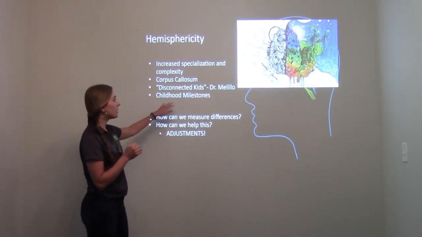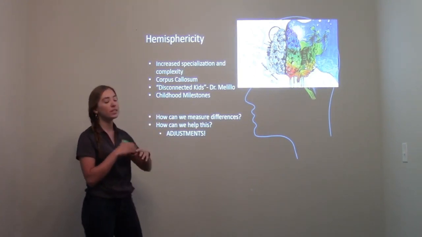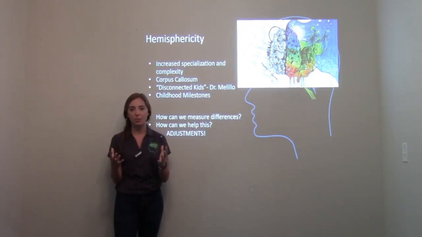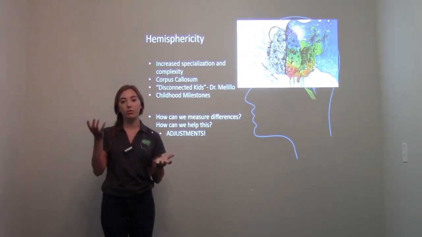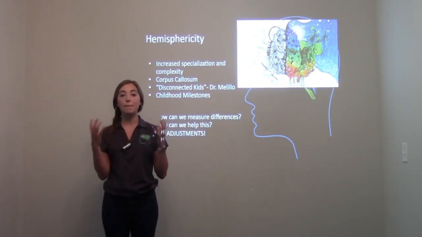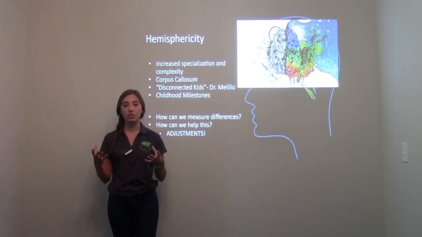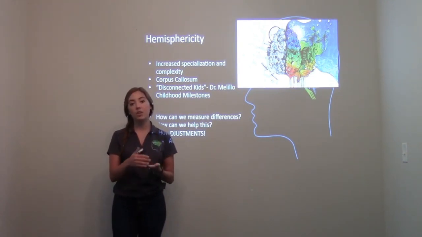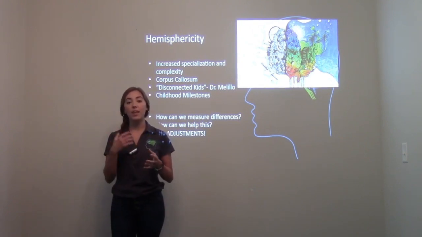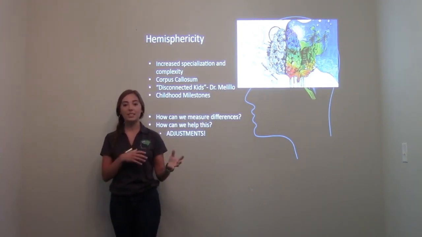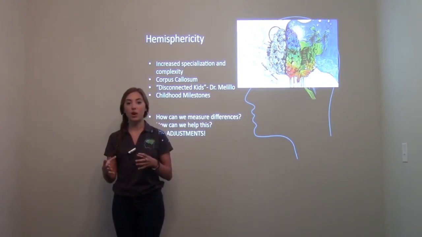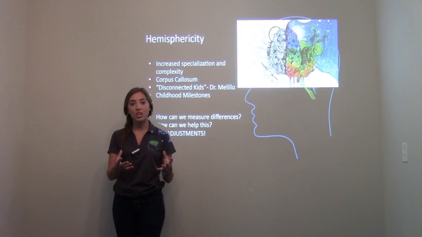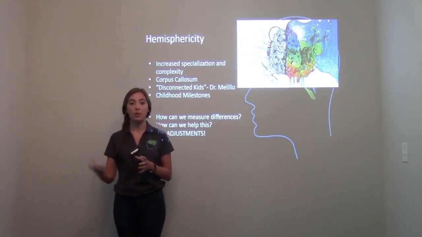So it's important that we're checking these childhood milestones. We always hear that, but I'm going to explain why it's important. Because of the way that our brain grows unevenly, as well as just the amount that our brain is growing and developing as children, it is so crucial that we make sure that children are reaching each of their milestones and not skipping any. If they're delayed in getting to a milestone, or if they skip a milestone, the area of the brain that is responsible for that activity could not be functioning as well, which can not be good for them as a child, but further on in life it can cause other problems as well.